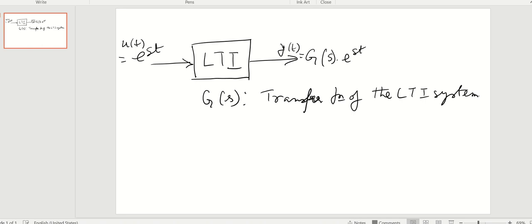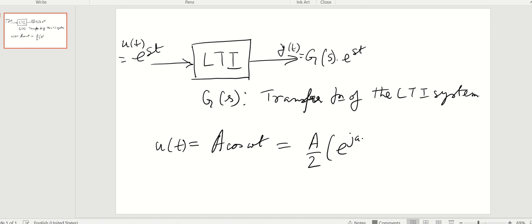So let me now just again recapitulate what we had shown in the previous class. Instead, if you now choose u of t to be something like a cos of omega t, then we saw that we can split that up as a upon 2 e to the power j omega t plus e to the power minus j omega t.